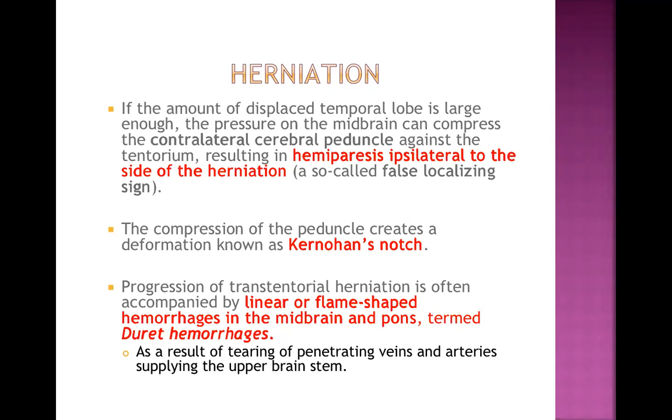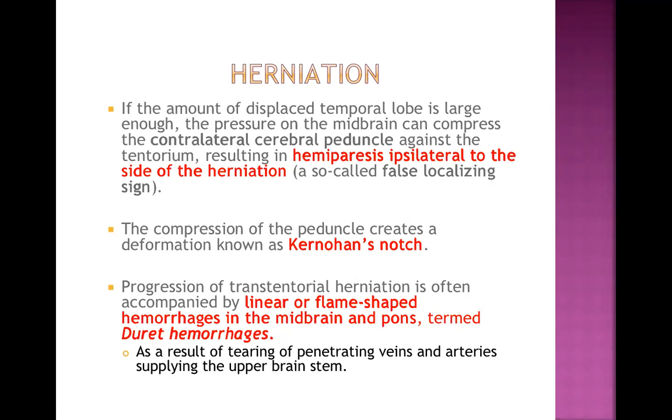So in the beginning, what will happen? In the beginning, the same area would be compressed. But if the pressure is way high, then it will push the whole side to the opposite side. So the cerebral peduncle, which is coming downwards from the left side, will also be compressed against the edge of the tentorium cerebelli, and this results in hemiparesis.